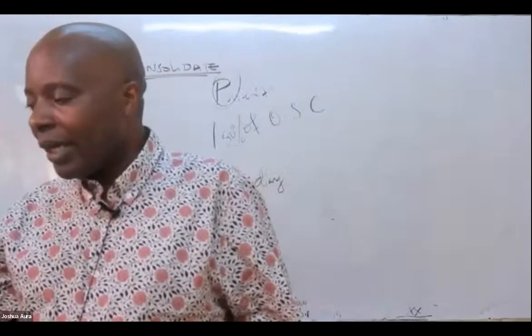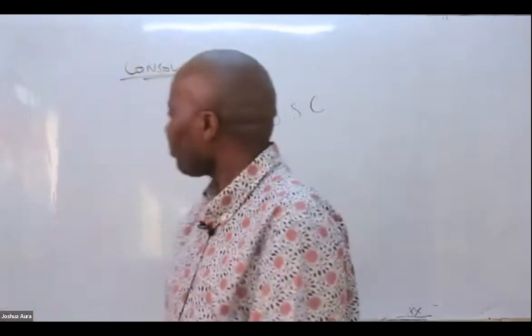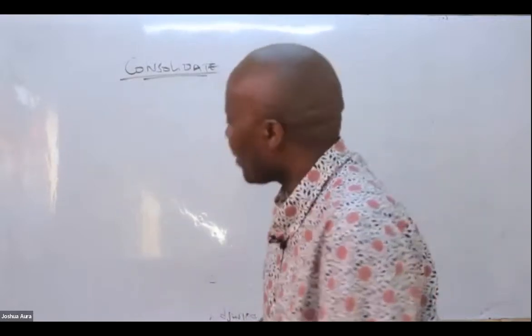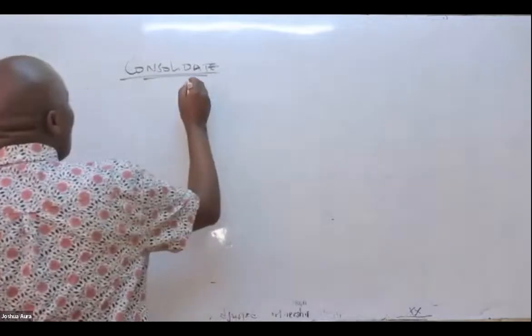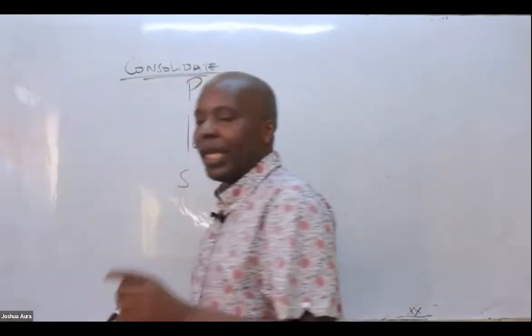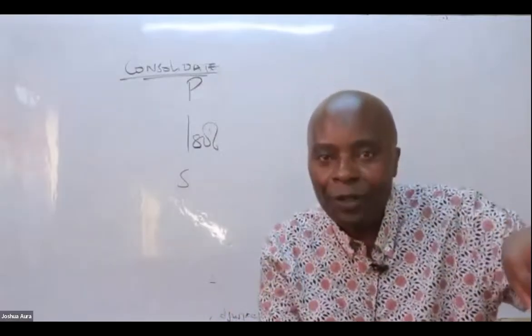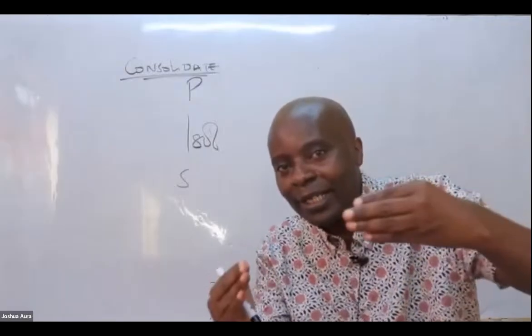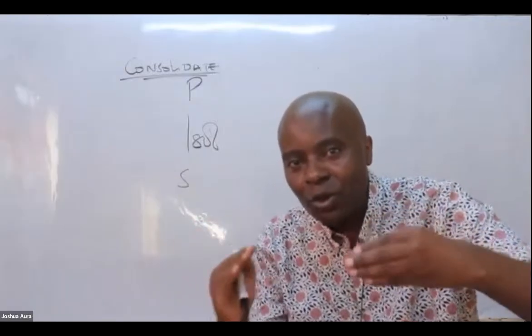Assuming, ladies and gentlemen, that we have this company called P. P has what shareholding of S? 80%. You see, 80% is more than 50%. 80% is so huge. It signifies control.